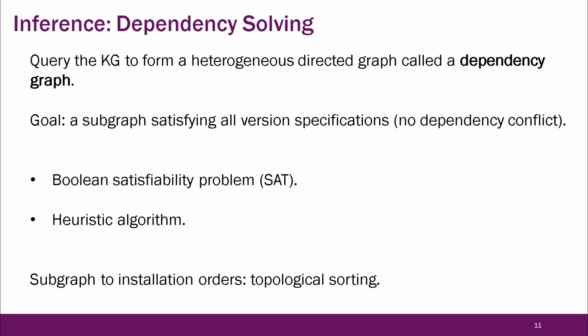Dependency solving is often considered as the SAT problem and has been proved NP-complete. And we propose an efficient heuristic graph transformer algorithm for dependency solving. The installation order of all packages is generated by topological sorting, which ensures that all dependencies of a package are installed ahead of time.